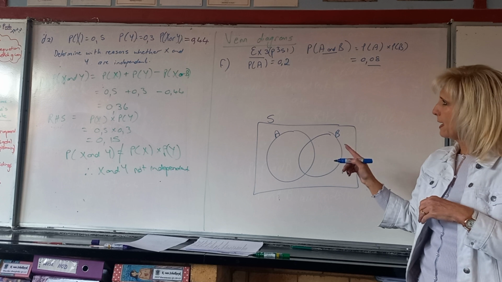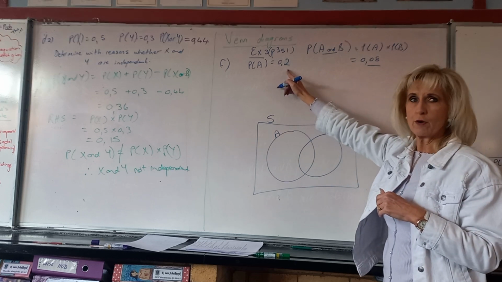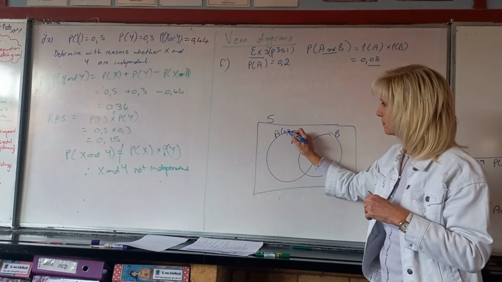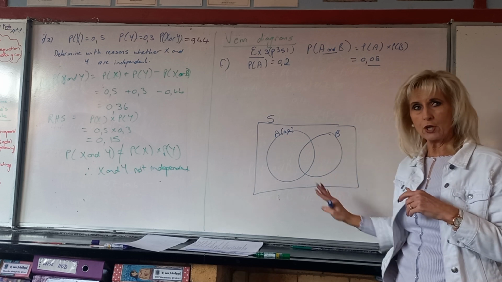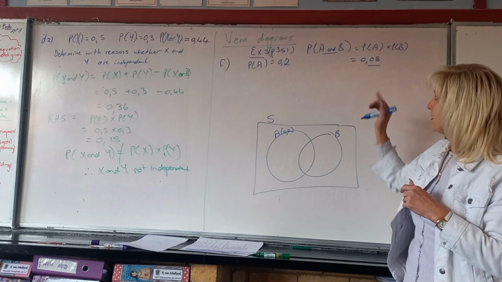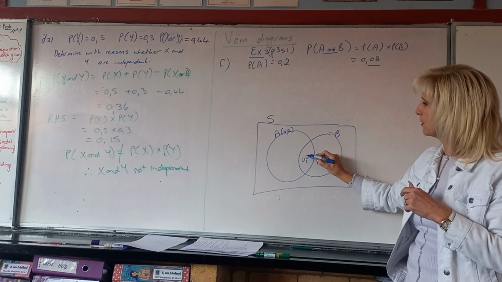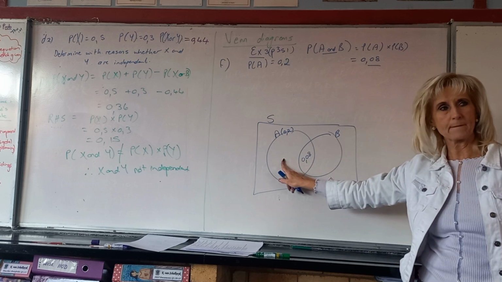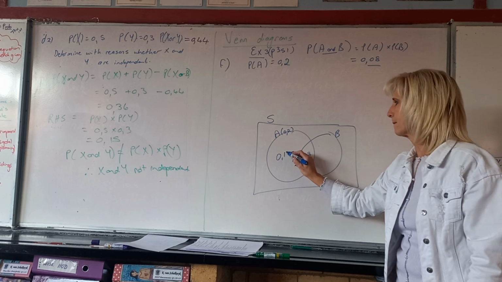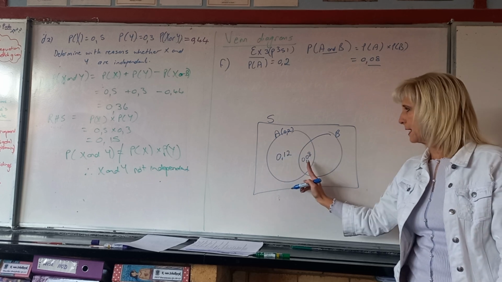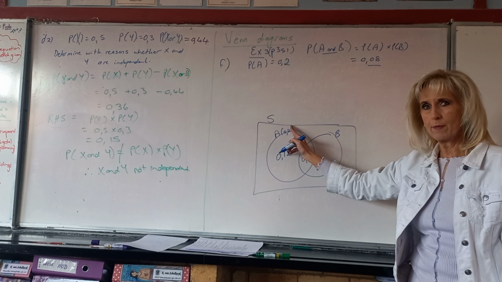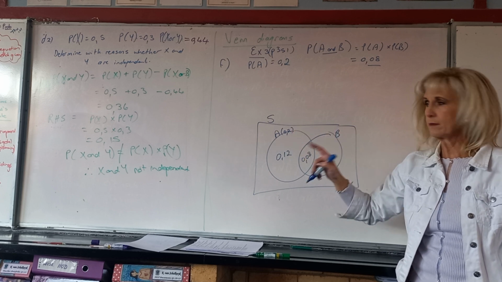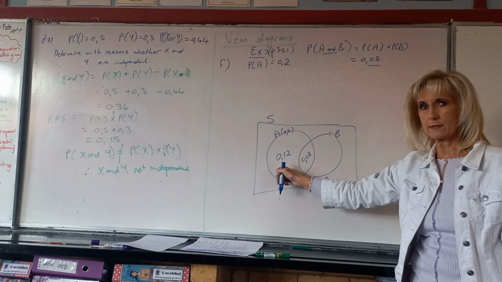Okay? A, I've been given is 0,2. That's where I put it because that includes the intersection as well. The intersection, which is 0,08. Makes sense? What must be here? 0,12. Because it must add up to 0,2. Take your calculator. 0,2 minus that gives you this.